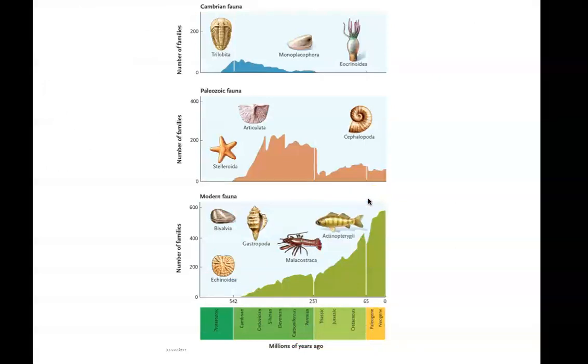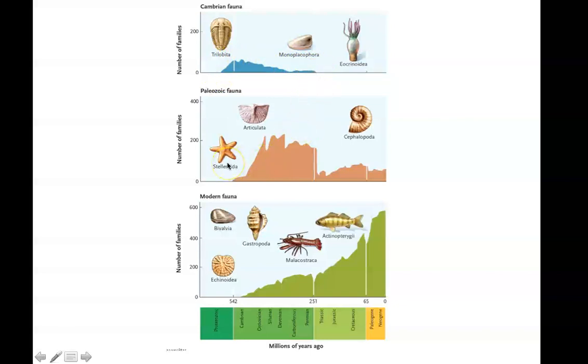This is from your book. This is just another representation of a history of animal diversity. In this top graphic, you can see the trilobites. This is actually some of the same data I showed you a minute ago. Trilobites increase in biodiversity, then a slow decline, and then the Permian extinction wipes them out.